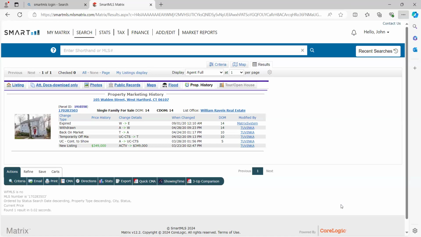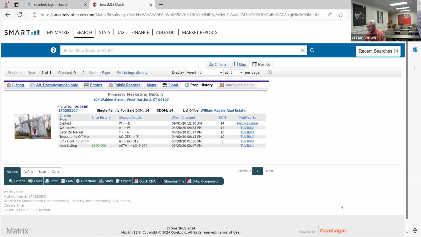Now, when a property is withdrawn from the market on MLS, the W stands for, okay, the seller's decided not to sell the property, but the listing agreement, the contract dates for that listing agreement between the seller and the broker are still in effect throughout the duration of the listing period, which means if the seller were to try to sell the property, they would owe the broker commissions.